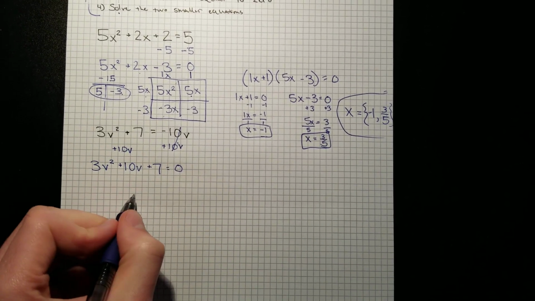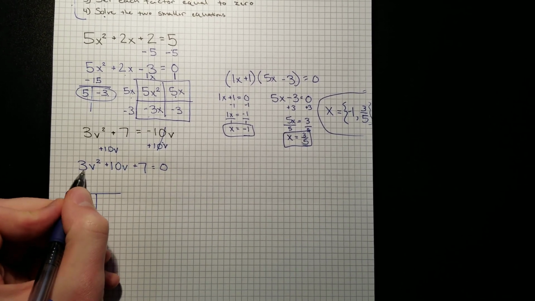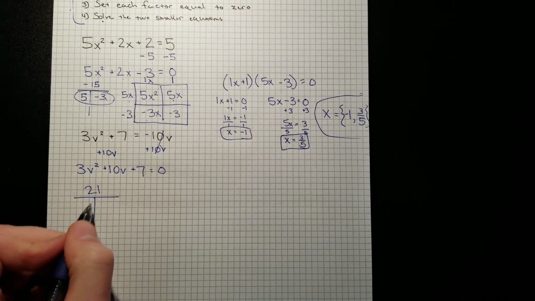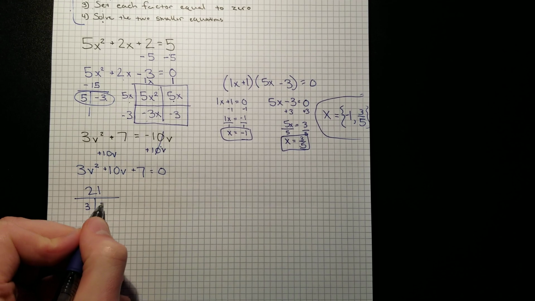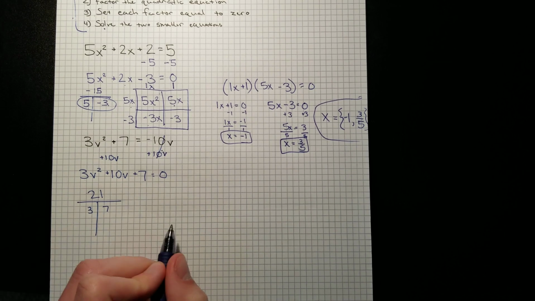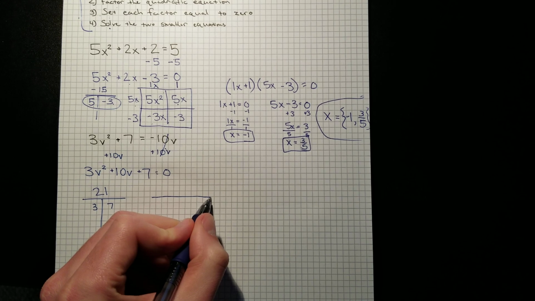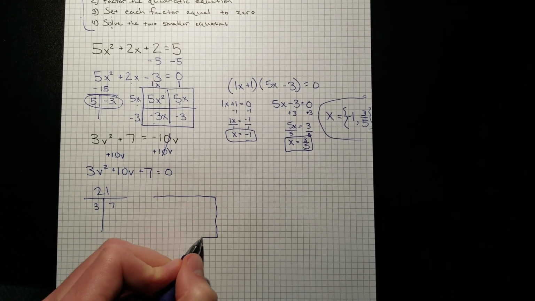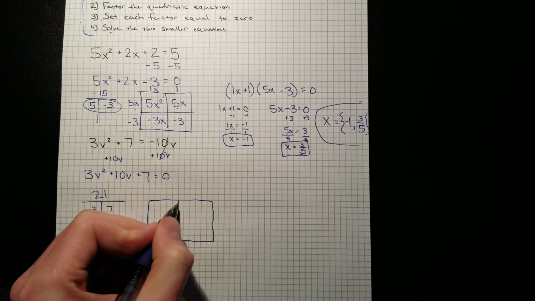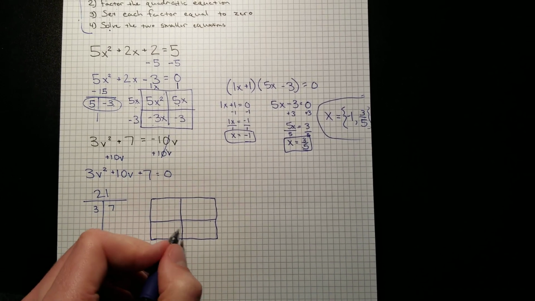All right, so the next thing, we have 3 times 7, a times c, which is 21. And we have to find two numbers that add up to 10. That is also still 3 and 7. 3 times 7 is 21. 3 plus 7 is positive 10. So that works. So we're doing step 2 now. We're factoring. We make a box. Again, you can use the grouping method, but you do not need to use either method in particular. I just keep on using the box method because I find this simpler.